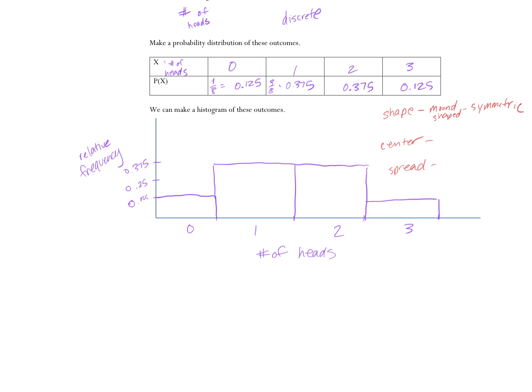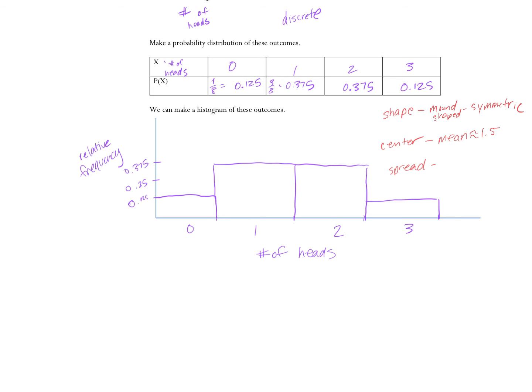What about the center? If you had to estimate the mean of this histogram, what would you say? That's the median. And the mean. Oh, it's the mean too? The mean and the median are going to be about the same if the distribution's symmetric.